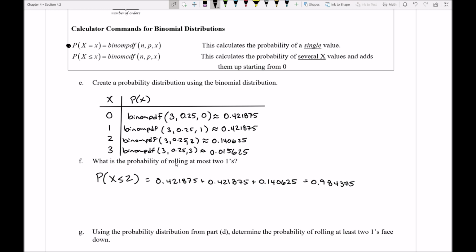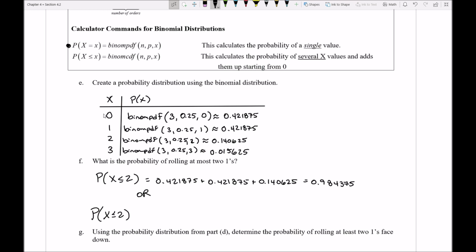But of course, it requires that I might have already created a full table and already had each of these three previous probabilities. Now, there's another way that I can compute this probability that is much, much quicker. And this involves using our second calculator command, the binomial CDF. The binomial CDF will calculate the probability of several x values all at once and add them up.